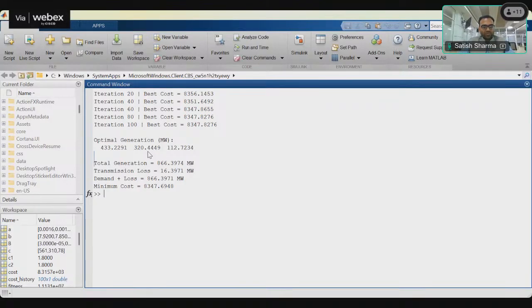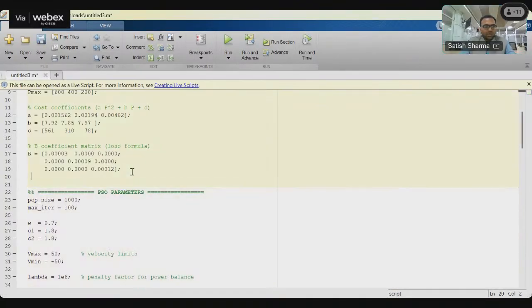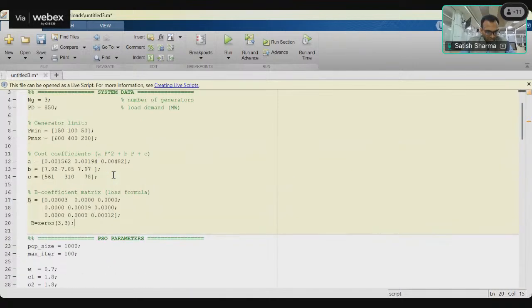What I can do is make b equal to zeros and a a 3 by 3 matrix. Whatever values I have provided here will be gone, and the demand is 850 megawatts, and I think we have the same demand of 850 in the book as well.